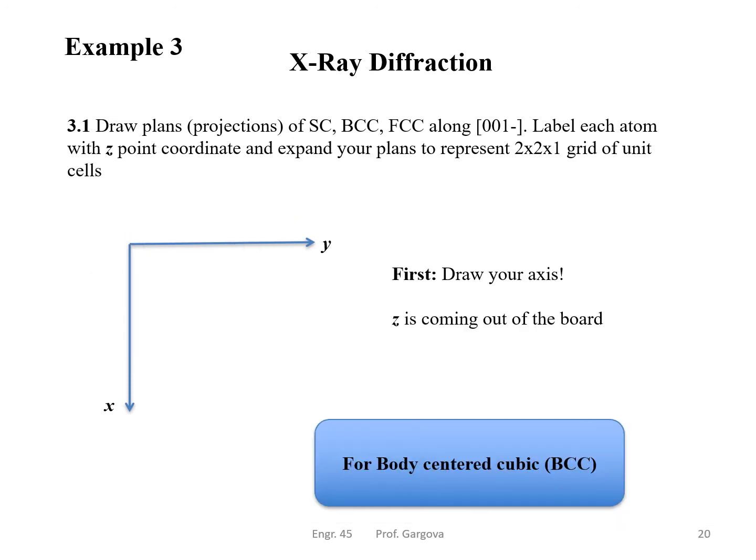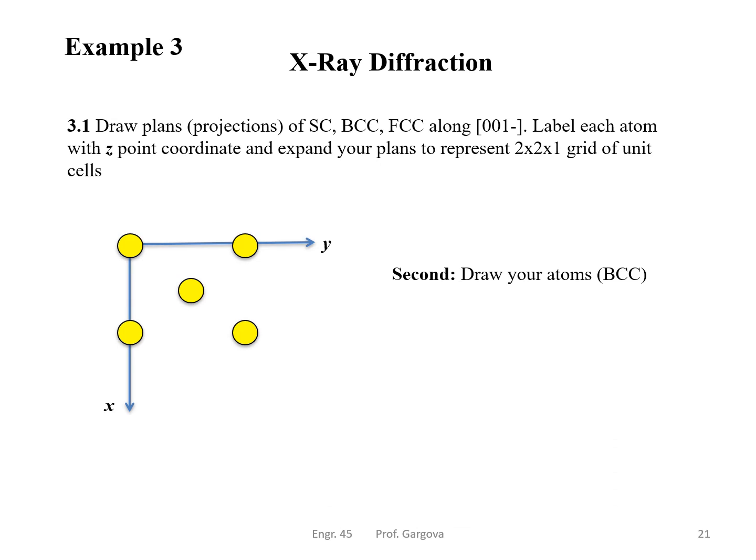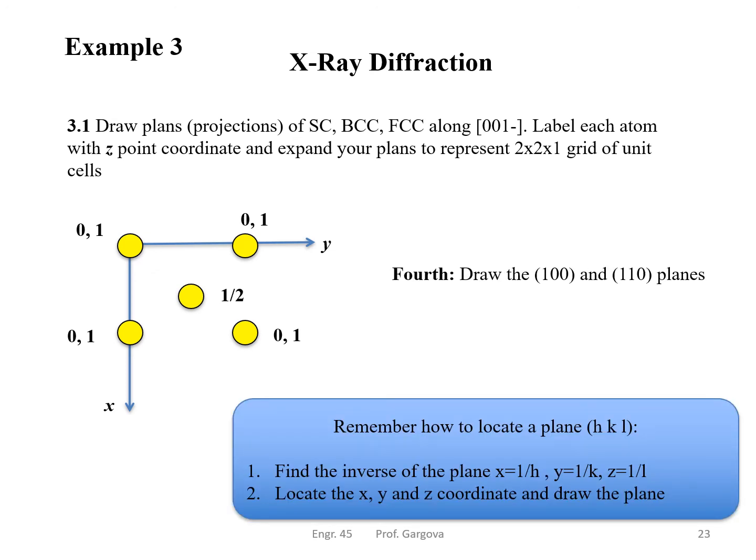If we were to do the same thing and draw the 2 by 2 by 1 grid unit cell with C point coordinate, we would see that it has the same as the simple cubic, but it also includes the body-centered atom, this atom at the center of the cube, which is denoted as 1/2. And if we draw the planes at the 1, 0, 0, again, we locate that plane by finding the inverse, which is 1 over the Miller indices.